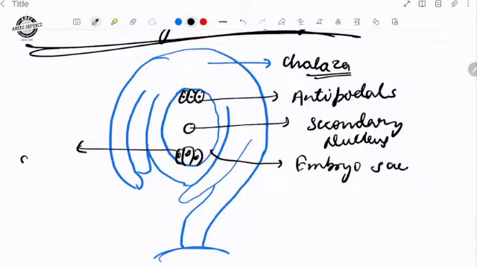These are synergids. Three synergids you are going to observe in the female gametophyte. This is micropyle.